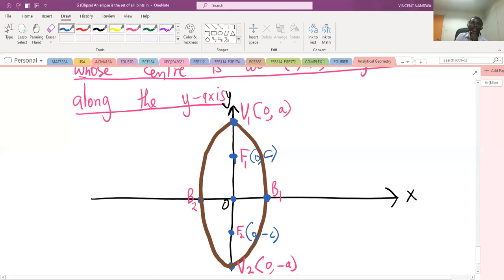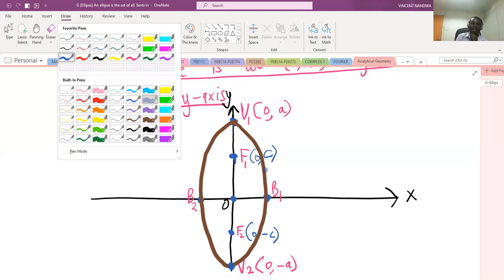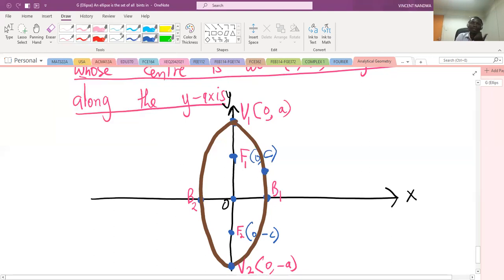So therefore, let's identify a general point P on the ellipse, assuming that P is here. You can draw it at any point you like, and then join that P to the two foci. So now this is P, which has general coordinates x, y.